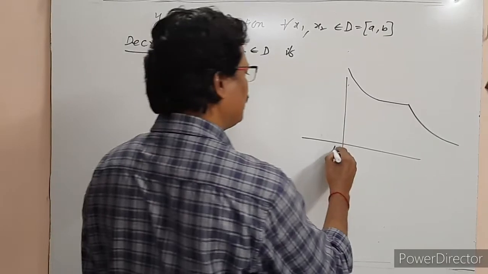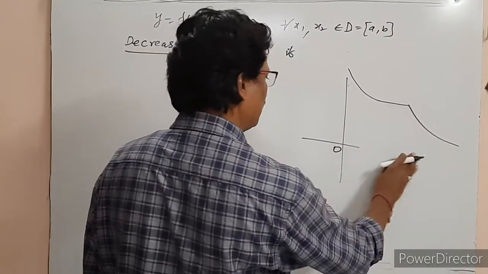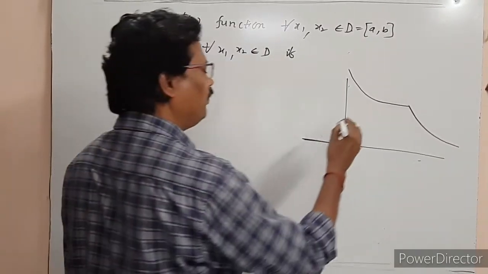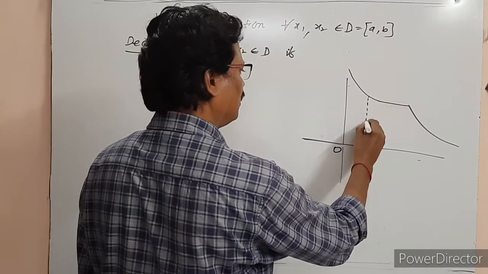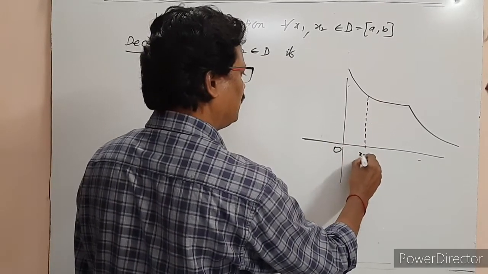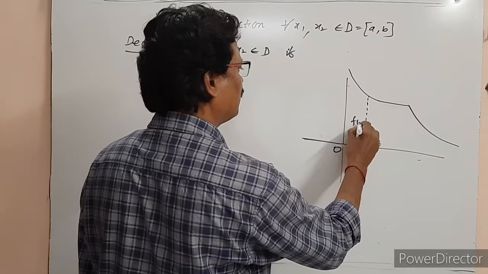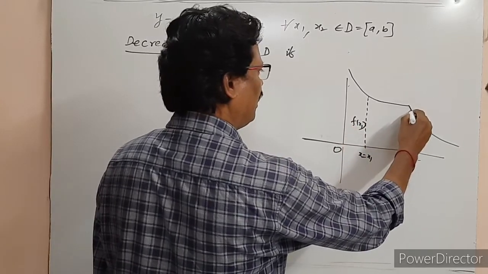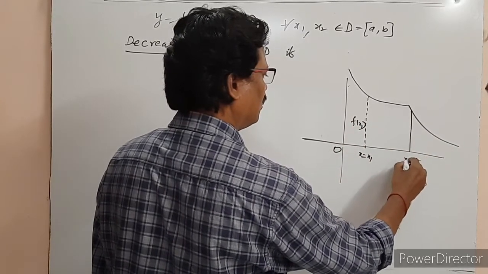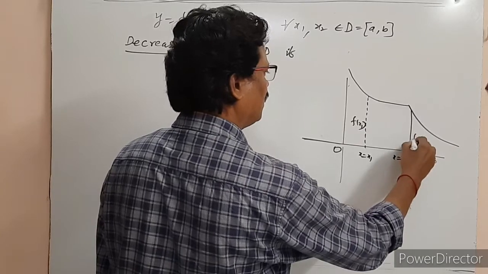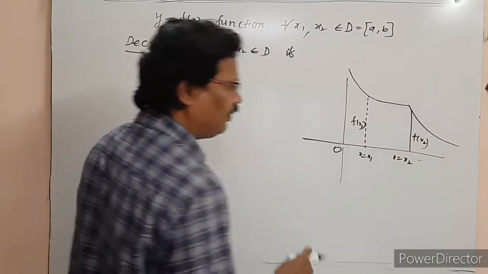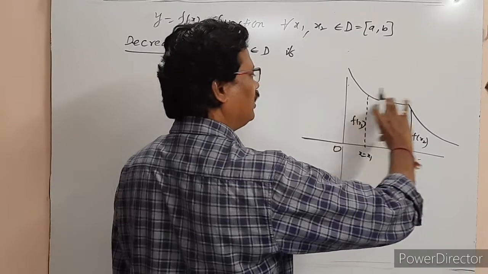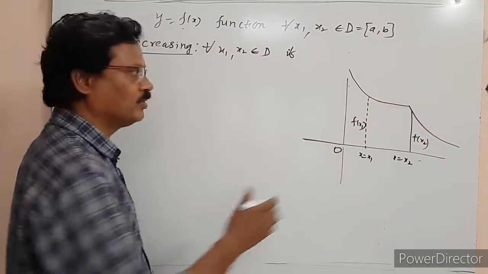This graph is a decreasing graph. If you take here x equal to x1, this is f(x1). If I take here x2, this is f(x2). Now if you see this one, f(x1) is greater than f(x2).